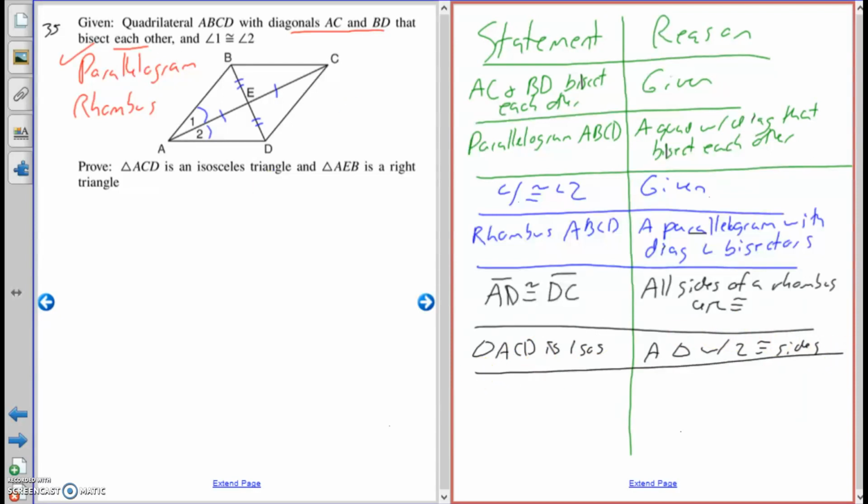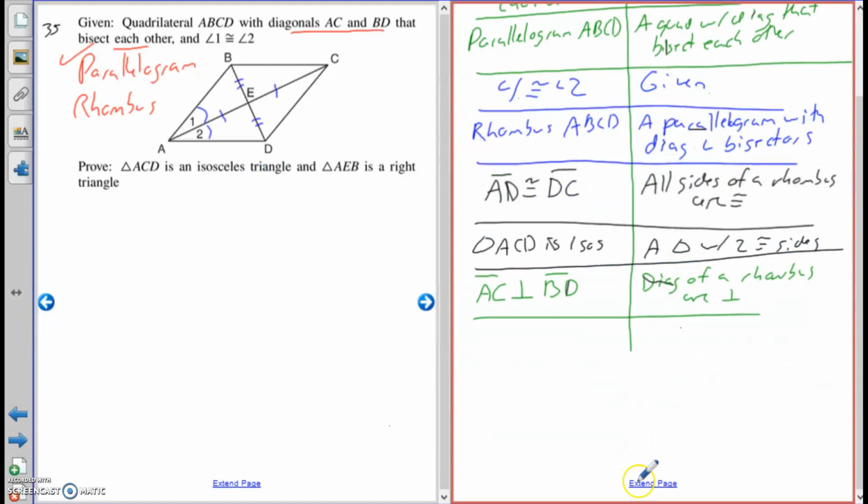So that part's done. And then we could say that AC is perpendicular to BD because the diagonals of a rhombus are perpendicular. And then we could finally say triangle AEB is right because it's a triangle with perpendicular sides. I mean, you could go into more detail and say perpendicular lines form right angles and a right triangle has a right angle and all those things, but I think this is enough.